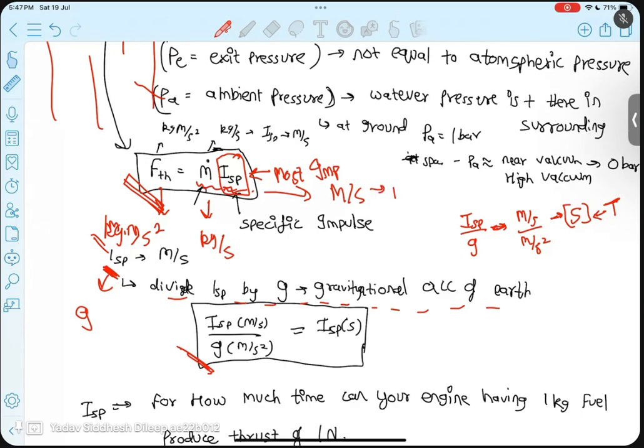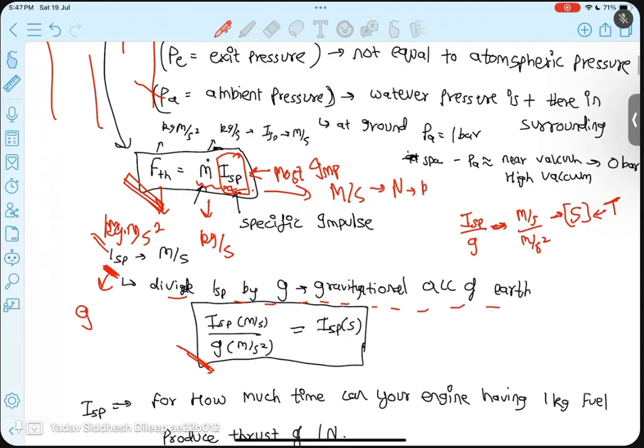Thrust is in newtons, and newtons can be written as kg meter per second square, if I'm not wrong, and that equals kg per second into Isp. So kg cancels, second cancels, and Isp is in meter per second. Isp has the unit of velocity.